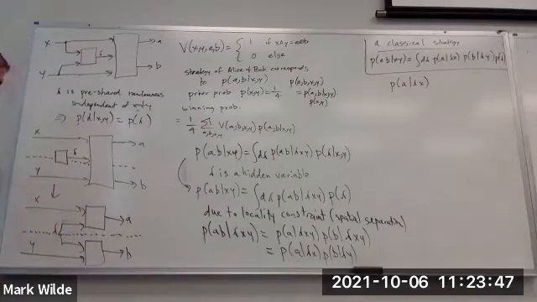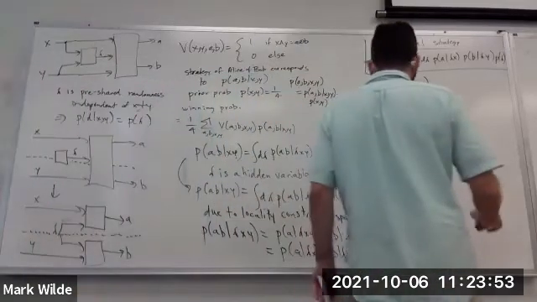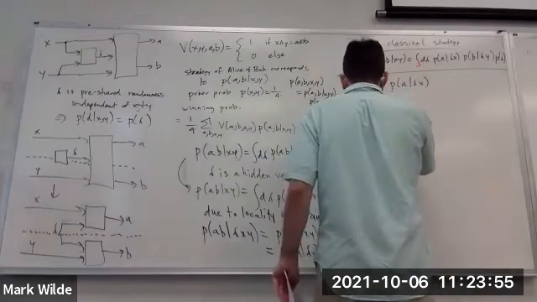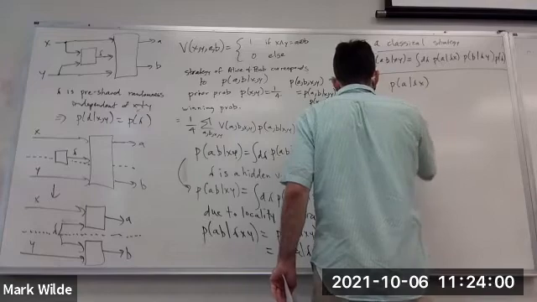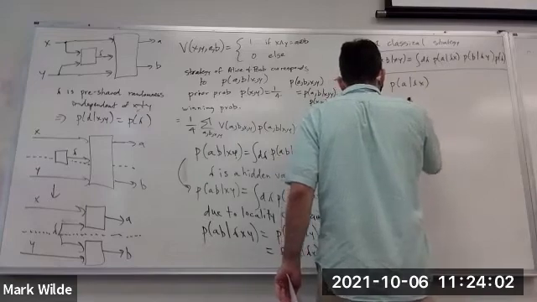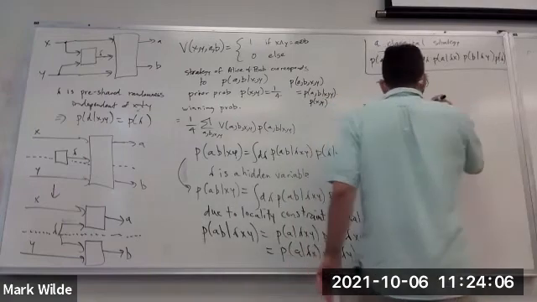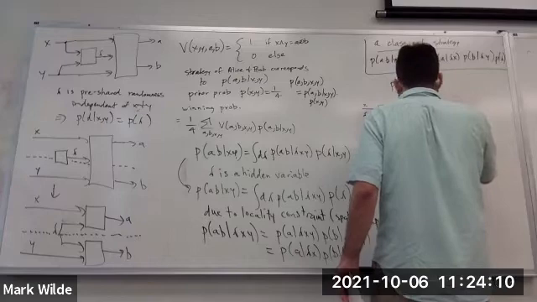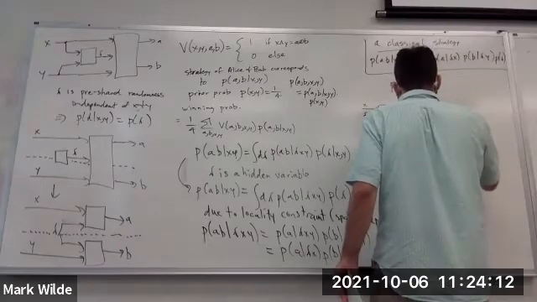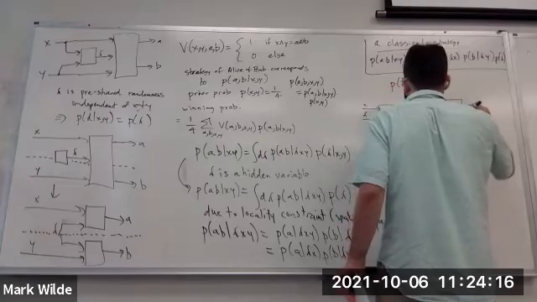I'm not going to give a definitive proof, but this can be simulated by a process where there's a noise random variable, X, lambda, and then a deterministic function.